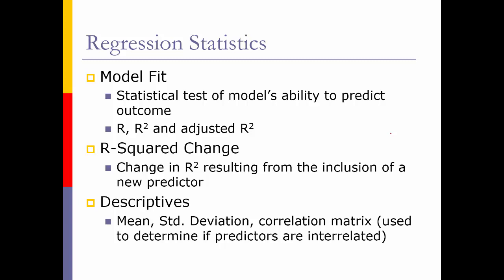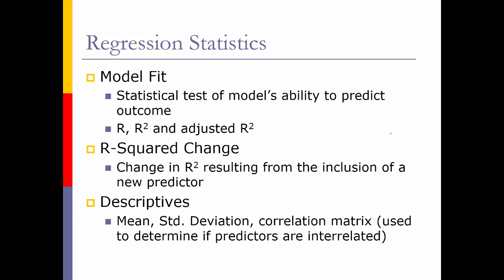So here we've got 2 blocks. It's going to look at Model 1, which will have an advertising budget in it. Model 2 will have advertising budget, attractiveness of the band, and number of plays. That R-squared change is going to say how much better is Model 2 versus Model 1.